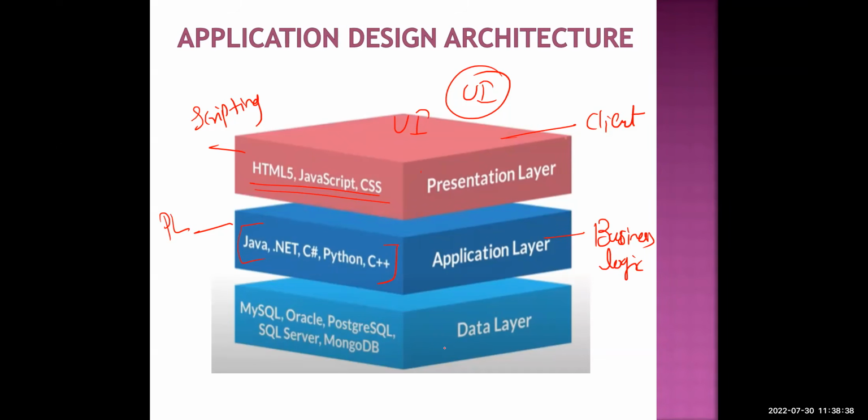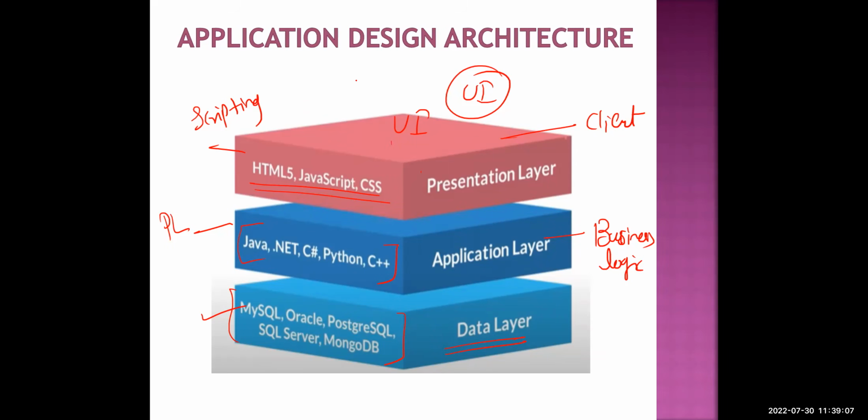And to implement a database, we have various database servers: MySQL, SQL Server, MongoDB, Oracle, there are so many. The developer uses these three important layers to implement the software application.